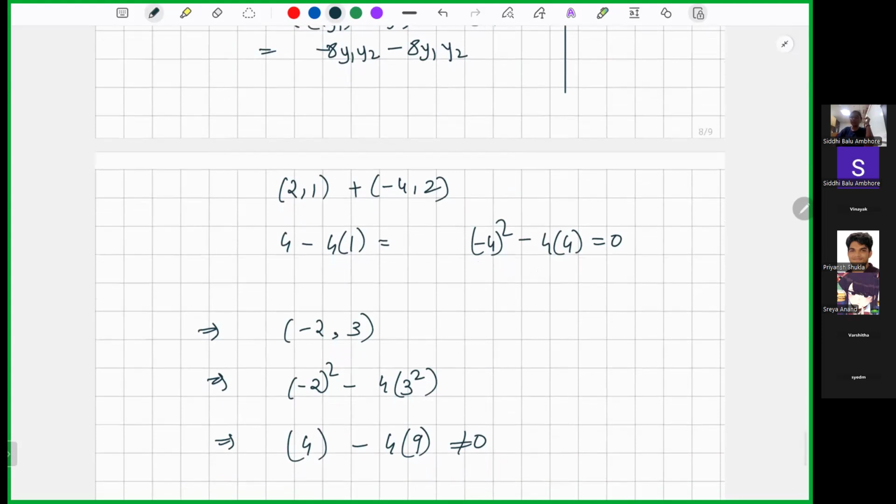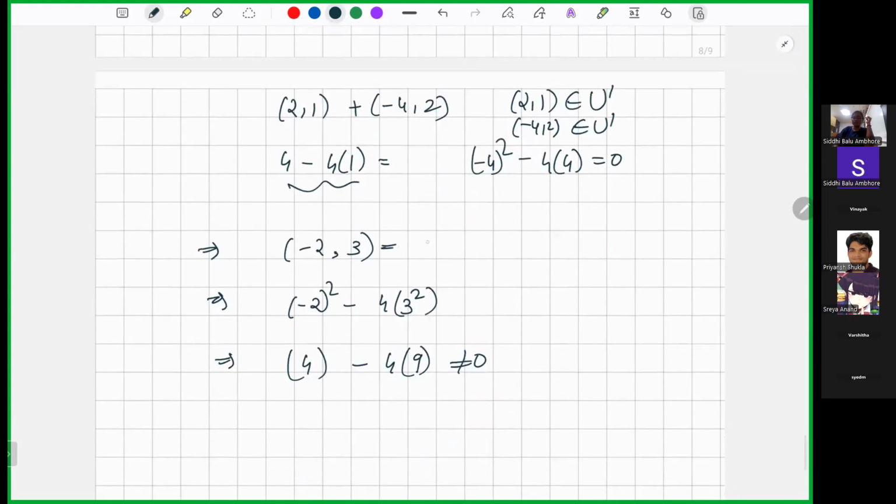This point, 2 comma 1, belongs to my U dash, and this minus 4 comma 2 also belongs to U dash because it satisfies this condition. Okay, but their addition, 2 comma 1 plus minus 4 comma 2, this point does not belong to my set.